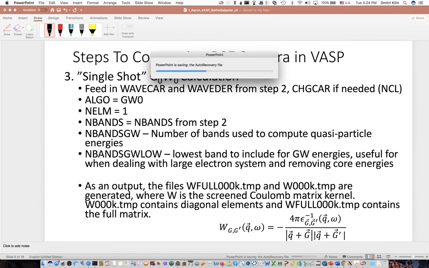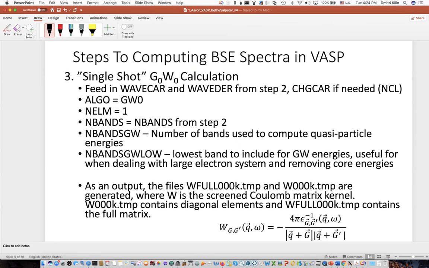So you feed in all of the input files that you need, and then just run a single point calculation. Essentially you just feed in a healthy wavecar and wave_dir. And if needed, you have to input a chgcar as well, if you're doing linear. And then for the INCAR, you have to tell it to run GW single shot, so that's GW0 for ALGO equals GW0.